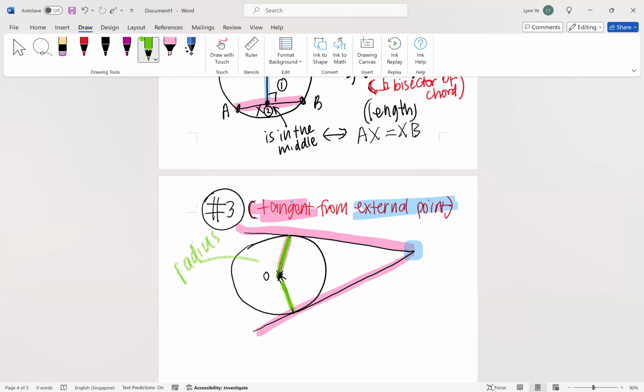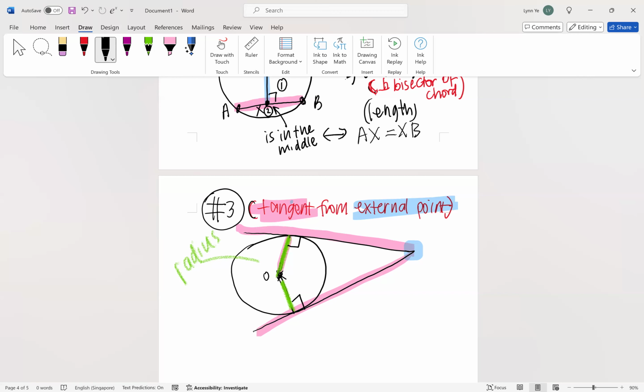The very first property that we learned about tangent and radius gives you 90 degrees. So this one has nothing to do with tangent from external point, because the reasoning is tangent perpendicular to radius.